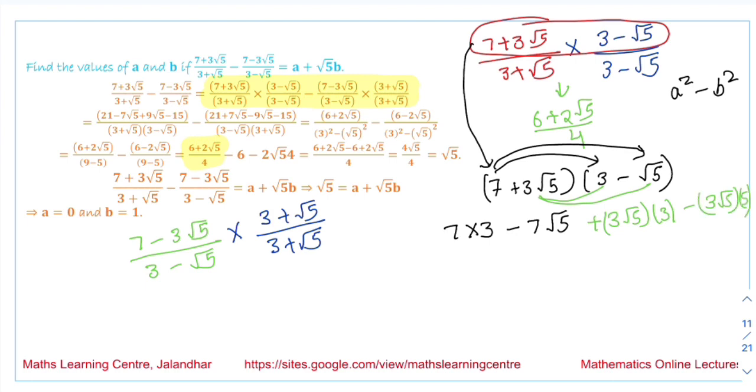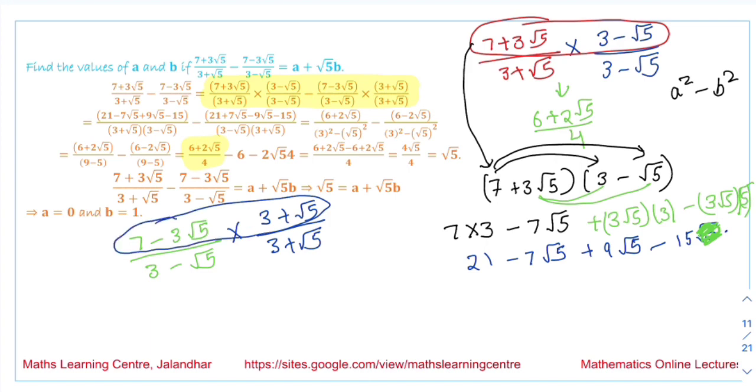So the answer you get here is 21 minus 7 root 5 plus 9 root 5 minus 15. This is the answer in this case. Similarly, you can solve the value for this by multiplying these two terms. These calculations are shown here.